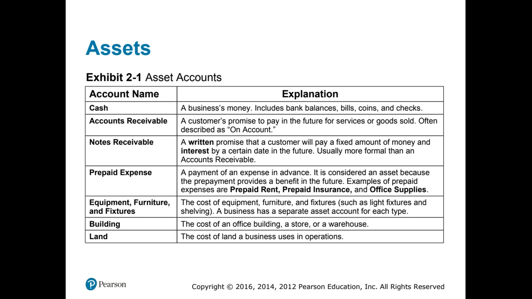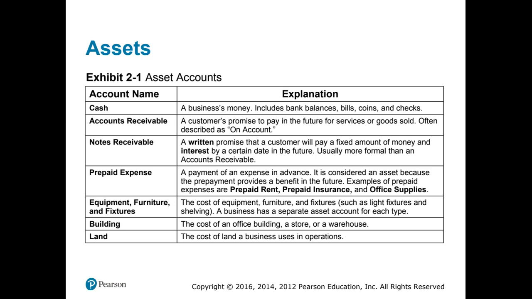Prepaid expense is a payment of an expense in advance. It is considered an asset because the prepayment provides a benefit in the future. So an example would be prepaid rent, prepaid insurance, and office supplies. So prepaid rent, let's say that the rent is due on the 1st of the month, but the company pays the rent on the 25th of the prior month.